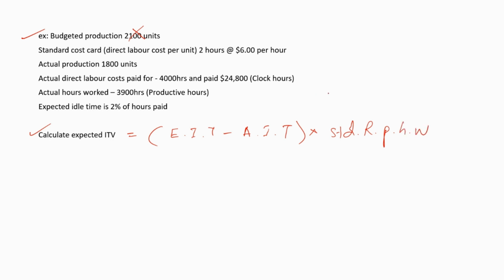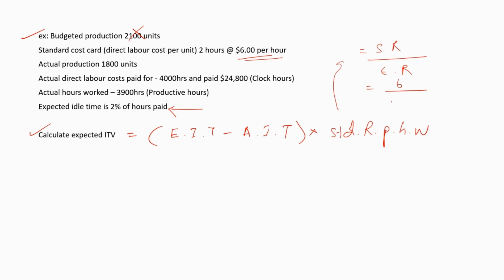First of all, let's calculate the standard rate per hour worked, which is equal to standard rate divided by the efficiency ratio. The standard rate is $6 per hour. So 6 divided by the efficiency ratio. They have given the expected idle time as 2% of hours paid.